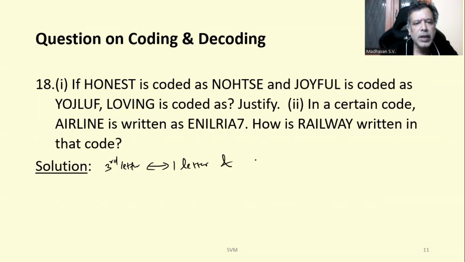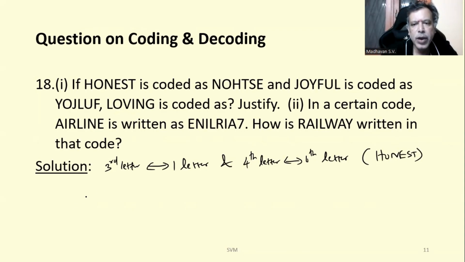And similarly, the fourth letter is interchanged with sixth letter. That is in honest. We saw honest has become NOHTSE.